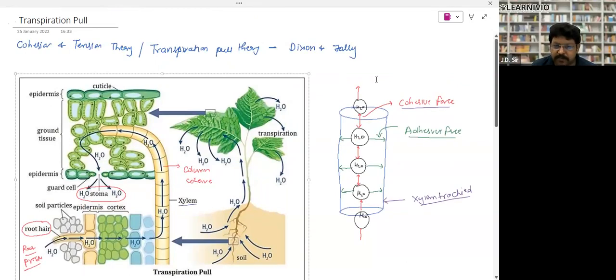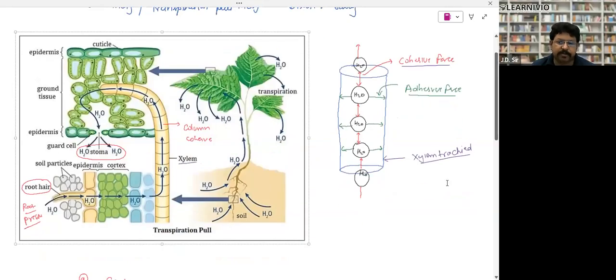And first, please make this diagram. You even have to make the simplified version of this diagram, right? Please make this diagram quickly, which I have drawn with the help of my own pen.